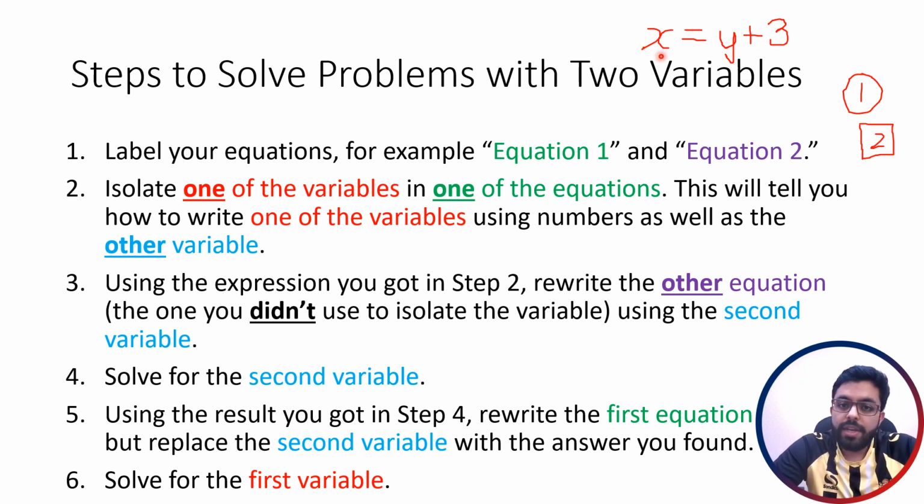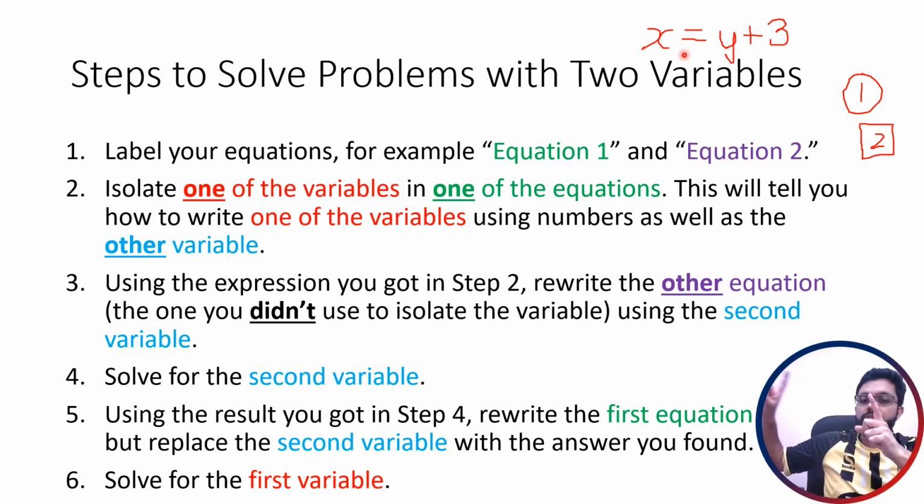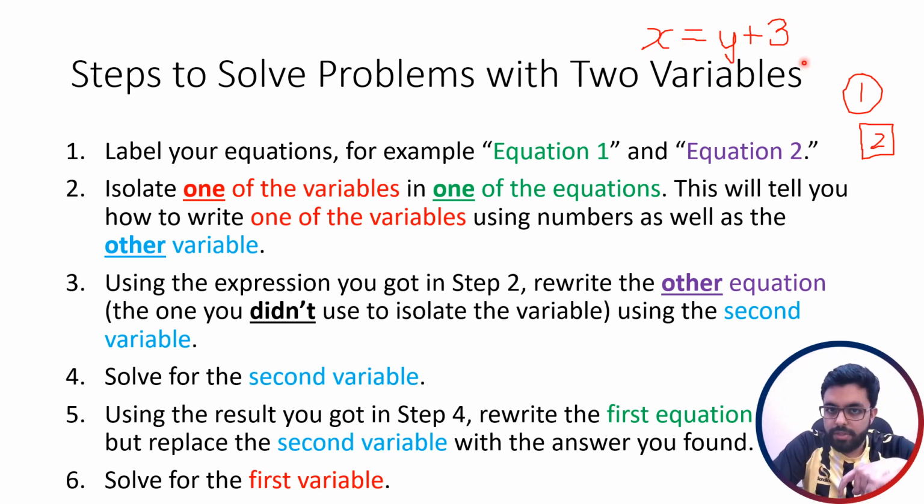What that tells you is now you can go into the other equation, and anytime you see an x, you can write down y plus 3, or whatever it is in your particular question. Whatever you solve for x, you've got something that x is equal to that doesn't have any x's in it.